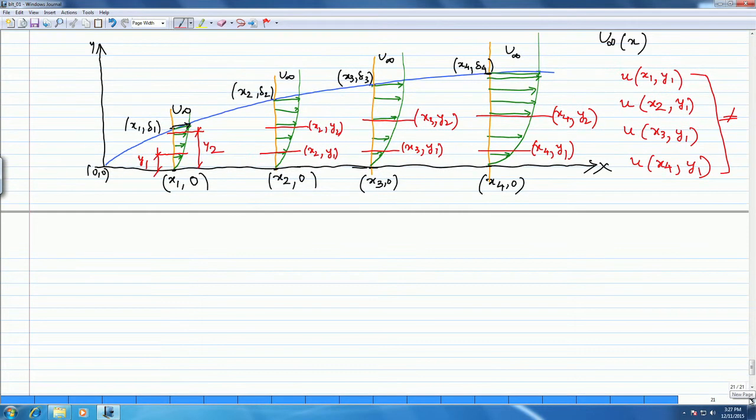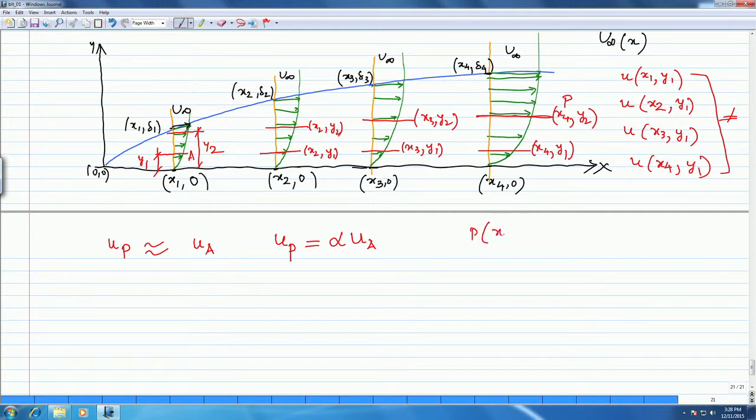Say I take this location at P, and I am looking at this location here, which is A. The velocity at P, which is x4 y2, is similar to the velocity at A, and the velocity at P is basically the velocity at A multiplied by some scaling factor.